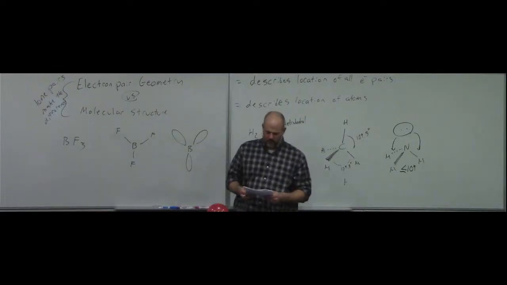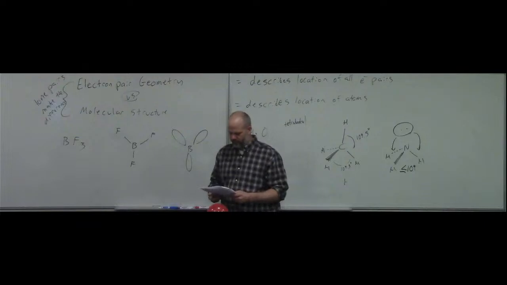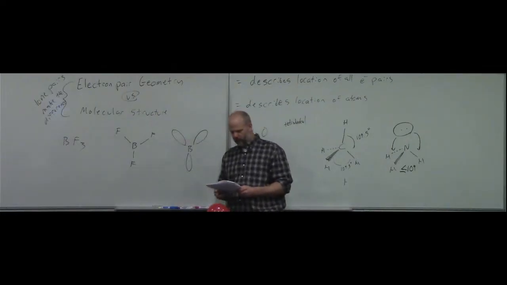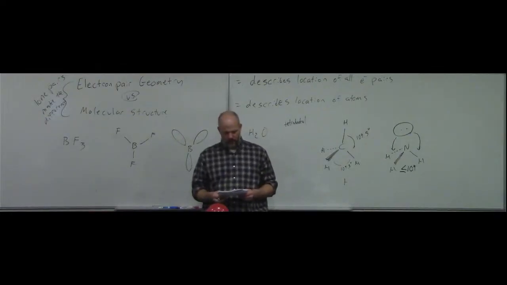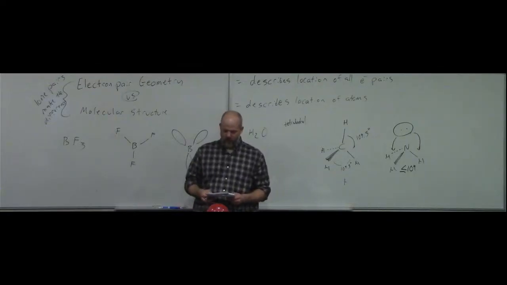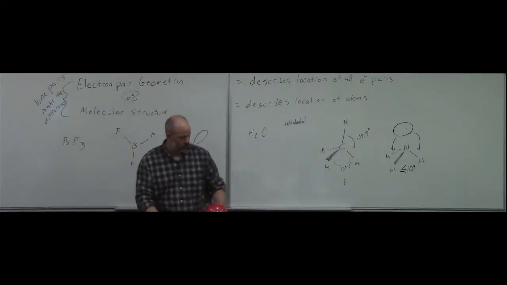According to VSEPR theory, the terminal locations of atoms are equivalent within the linear, trigonal planar, and tetrahedral electron pair geometries. It does not matter which X is replaced with a lone pair because the molecules can be rotated to convert positions. However, for trigonal bipyramid, here's what it's saying. Translate what I just read for me and for you.